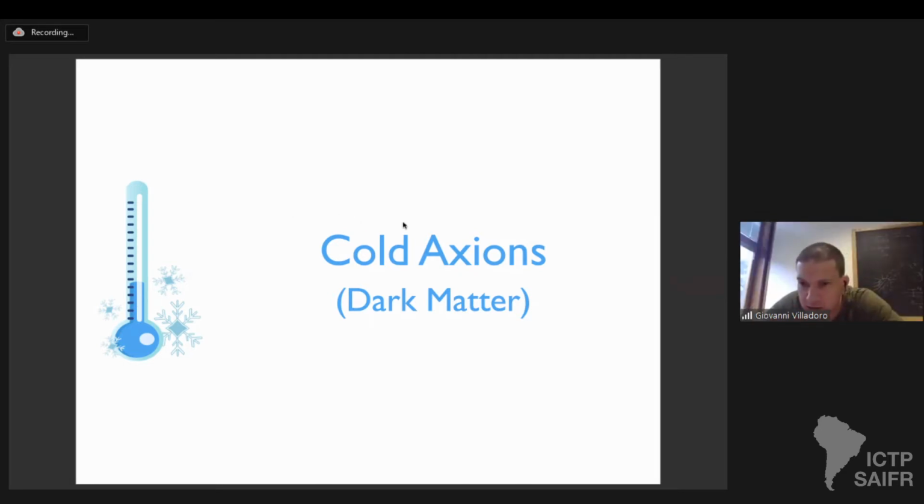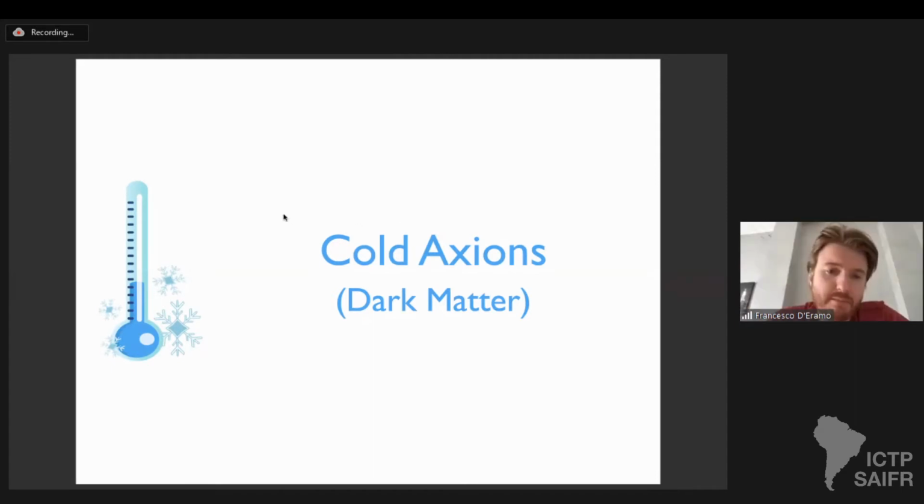Yes, Disha asks: like the QCD axion, do we have a W axion or Z boson axion, meaning electroweak axions? Well, it depends on what you call what. By QCD axion, I mean a pseudo-Nambu-Goldstone boson coupled to gluons through the anomalous coupling.